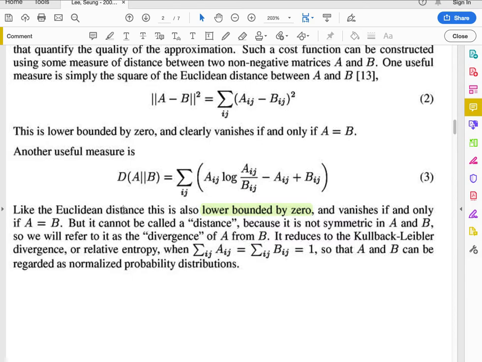What do you do to make a function symmetric? Yes, you take an average of both variations. You say D dash of AB is equal to D of AB plus D of BA, whole divided by 2. But they are not doing it here that way because they don't want to make it symmetric, they want to make it analytically solvable. So they are not doing it here.